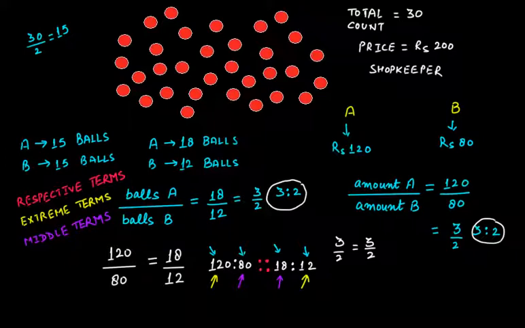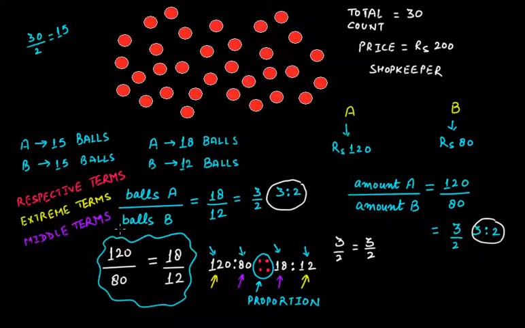And this symbol is of proportion. And why is it in proportion? Because these two ratios are equal.